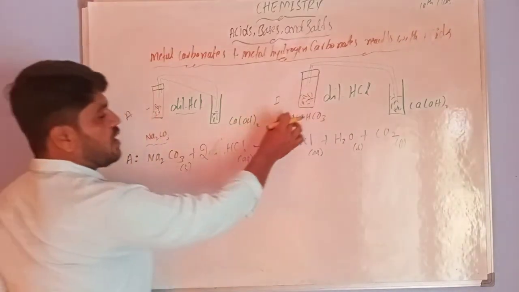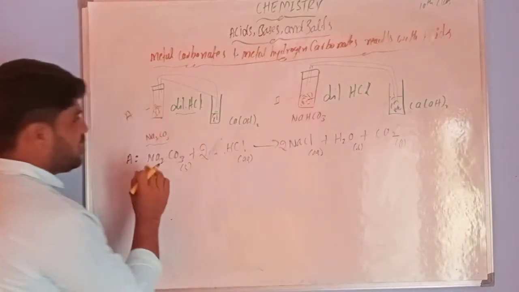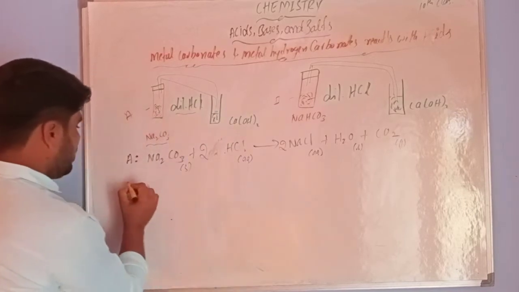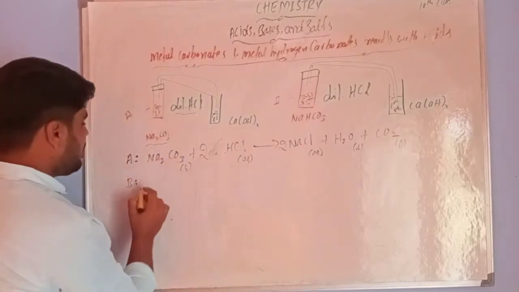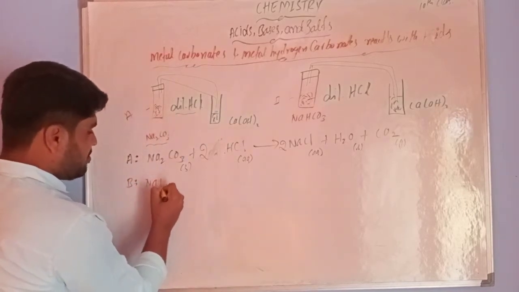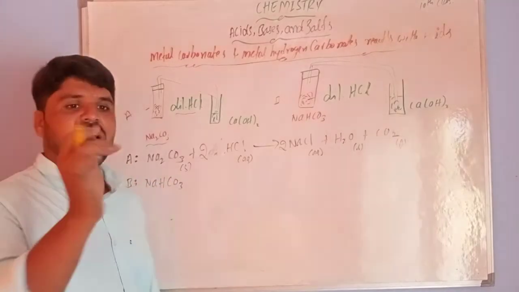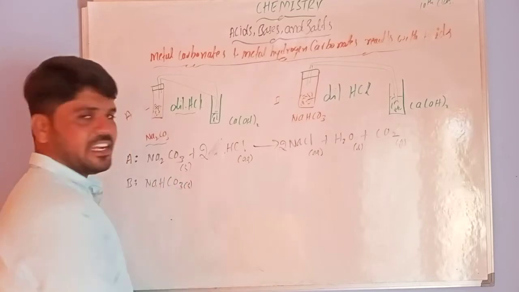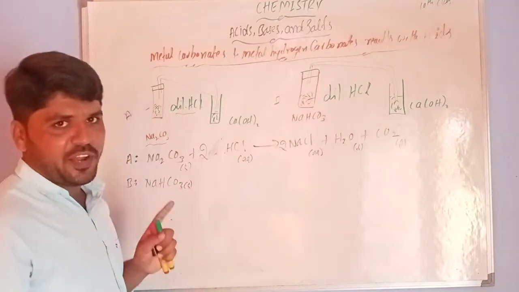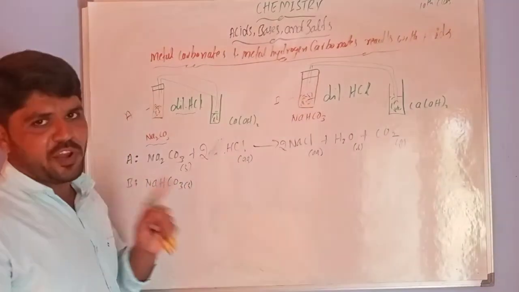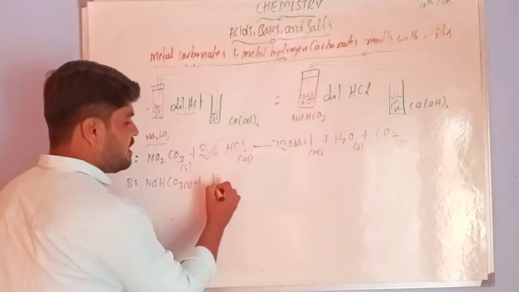After that, we have to observe test tube B. Let's see what happens in B. Sodium hydrogen carbonate, in solid state, that means sodium bicarbonate, reacts with HCl.